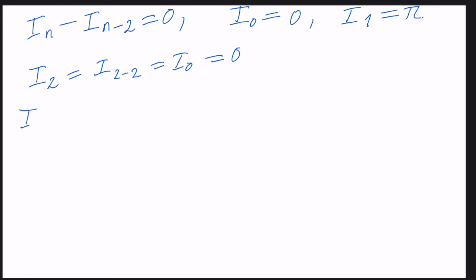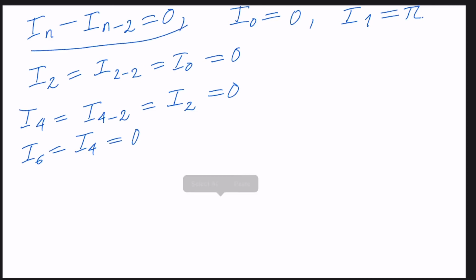And you will see a4 is equal to a4 minus 2, this is the same as a2, and this is 0. a6 will be equal to a4, then it will be equal to 0. And in general you can prove, even by induction, or we can just deduce it from the pattern that we are observing, that I of 2n is equal to 0.